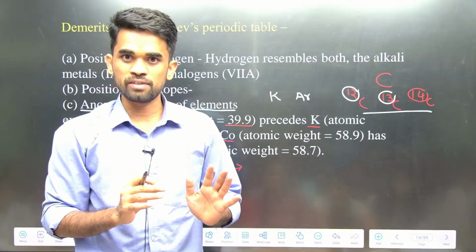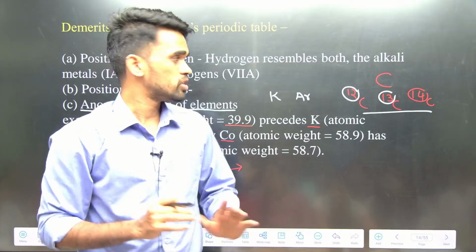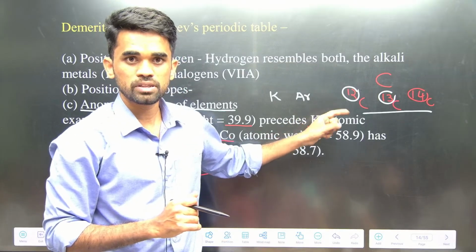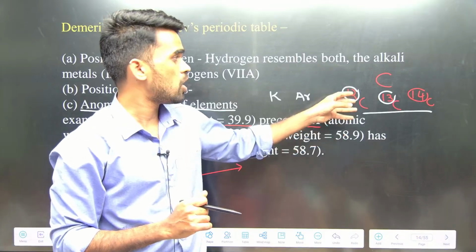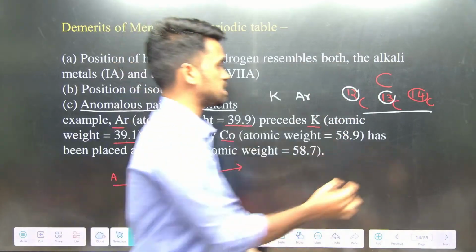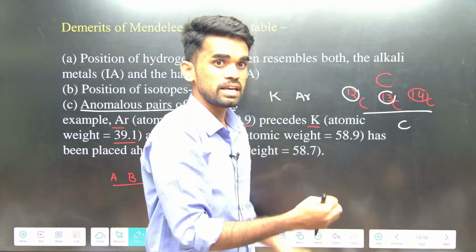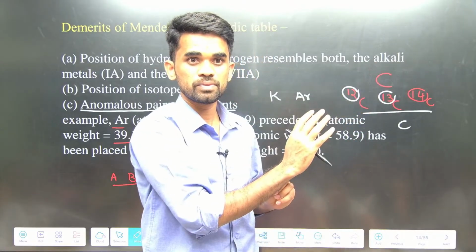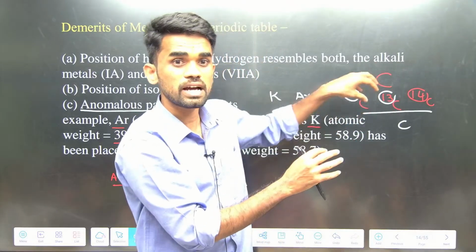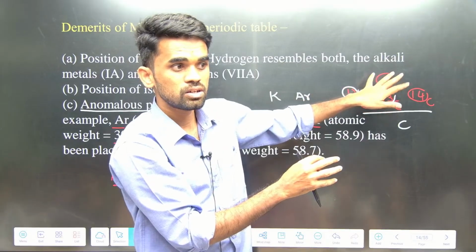Is that a correct justification? No, this is also a drawback. There is no explanation, because all were placed as just a carbon atom in the table. But he says he arranged based on atomic weight. Will you agree with this? No.